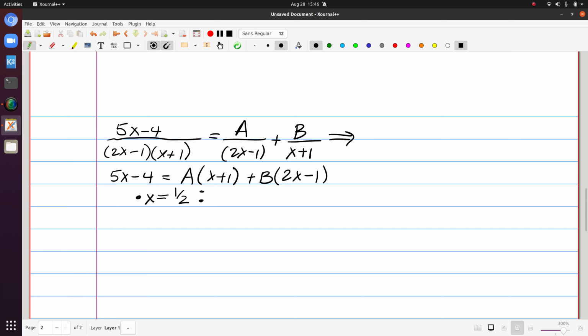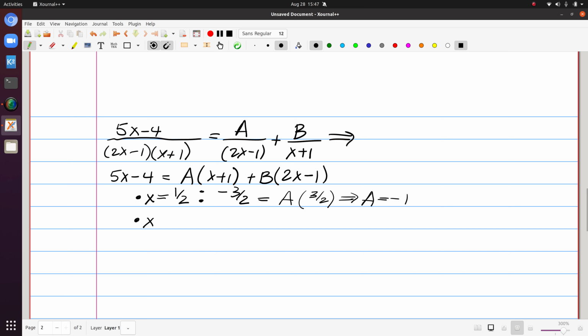So 5 times 1/2 minus 8 over 2 would give me negative 3/2 on the left-hand side. The B value will be multiplied by 0, but I have here A times 1/2 plus 1, or 3/2. So this gives me A equals minus 1.